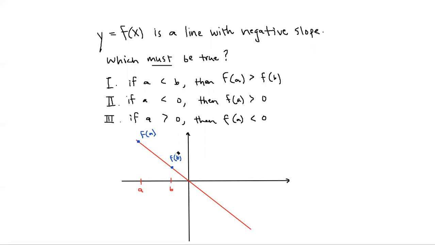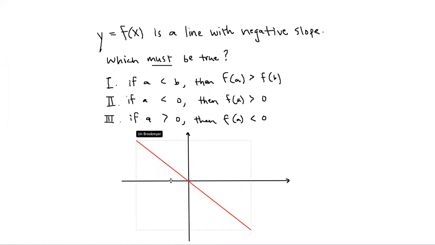We can consider other values of a and b. For instance, maybe a stays where it is, but now b is positive. With b in this new location, f of b is here. Is it still the case that f of a is greater than f of b? Yeah, it is. We can do something similar in scenarios where the line has a y-intercept that is not at 0, 0.